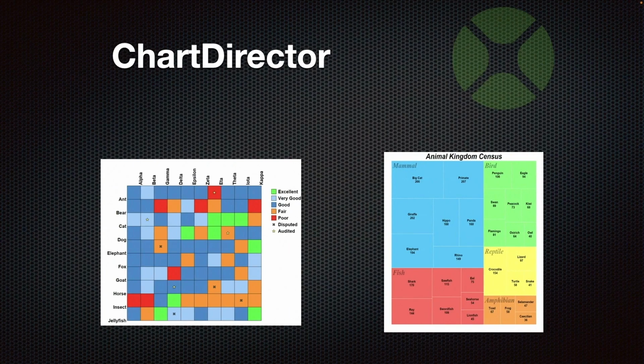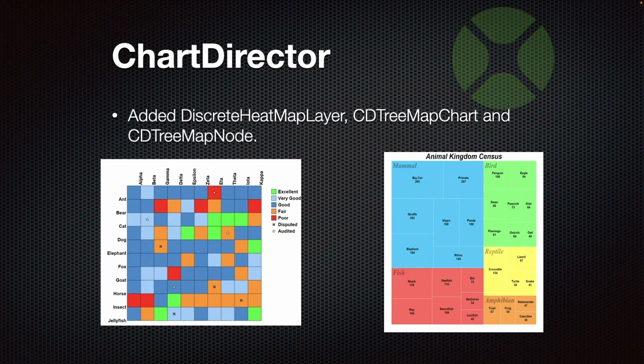We also got new types of charts with ChartDirector in the last year. So we have a heat map layer, a tree map chart, and a tree map node. So you can show charts like this one to show the distribution of values.